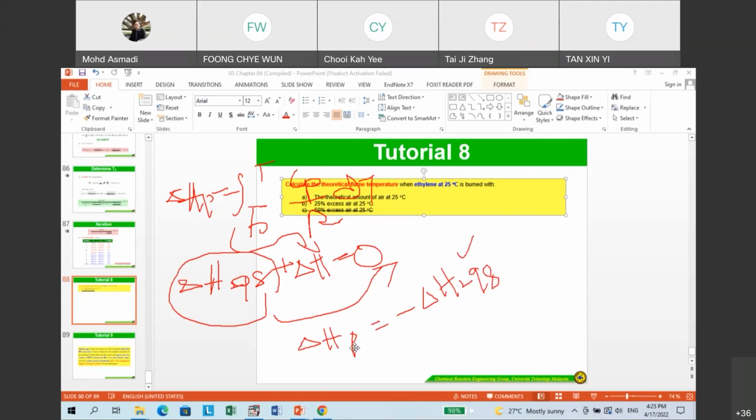This time you know the value. This one you substitute using the integration. If you still remember the ICPH, use the ICPH because it's an integration. Or you can also use the mean heat capacity, which is possible too.